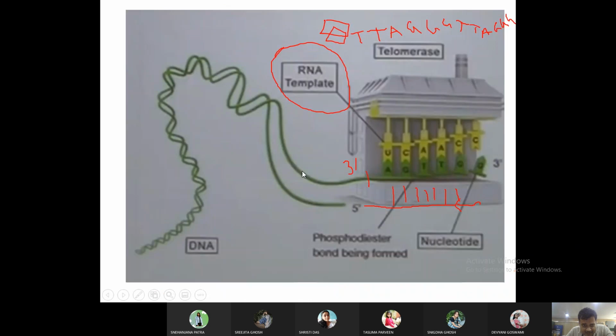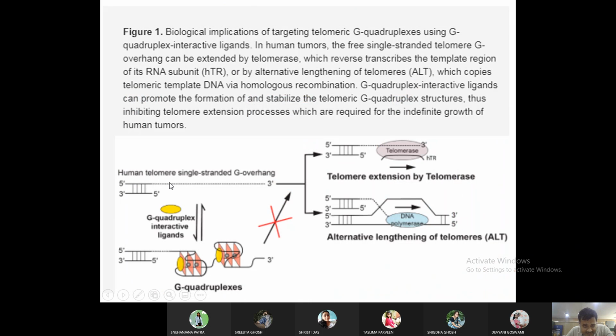Okay, so this is the situation. It is getting extended, and as it is extended, there are 3 Gs coming, so they can form this kind of G quadruplex. What we told, these G quadruplexes are stabilized by metal ions.